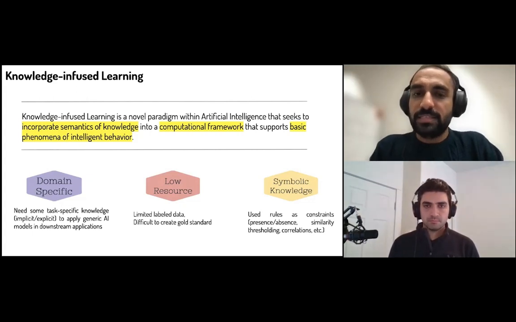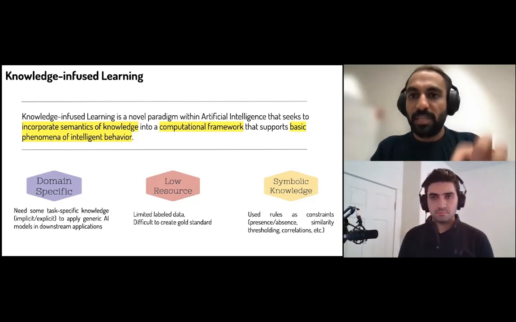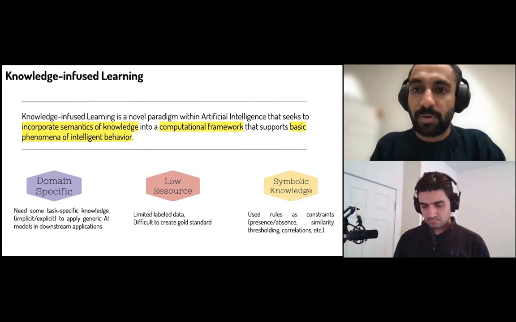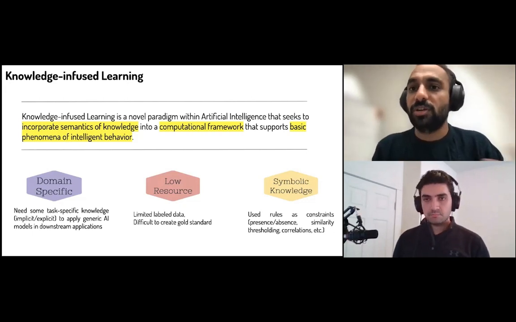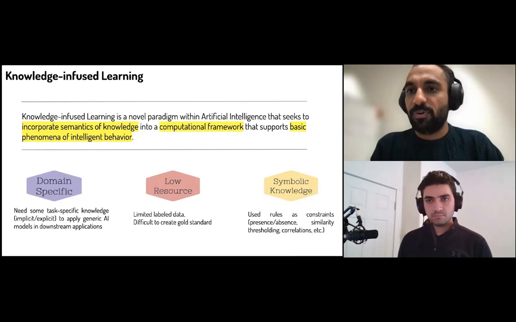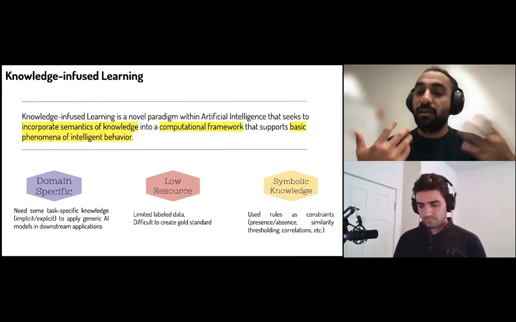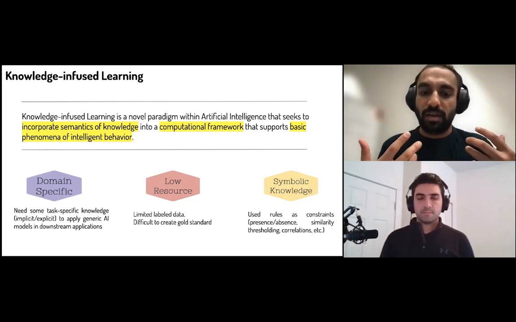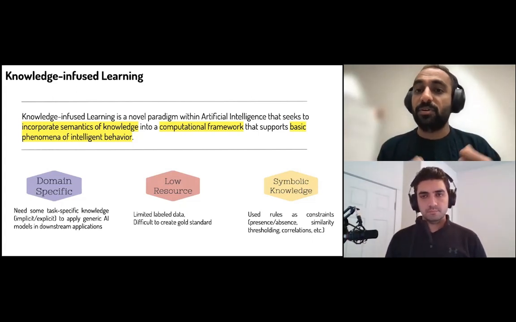The three reasons which motivated me for knowledge infused learning, the first was the domain specificity of the problem. Definitely, annotation doesn't happen for a generic language or a generic domain. Annotation happens for a very specific domain, maybe crime, for example, right? Crime prediction models. You can have a domain specific one, let's say drug abuse.